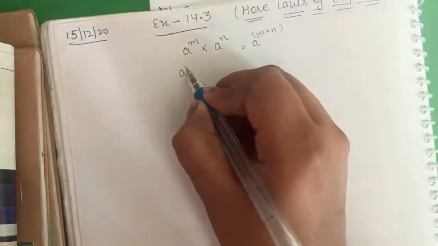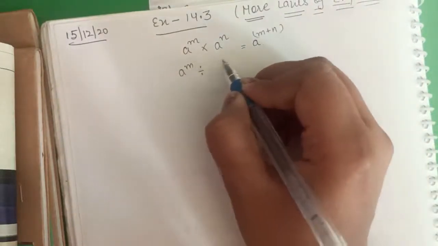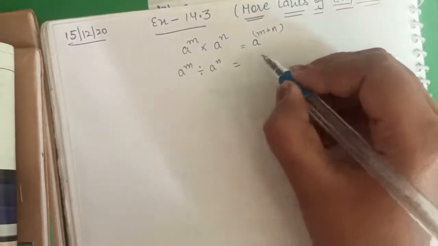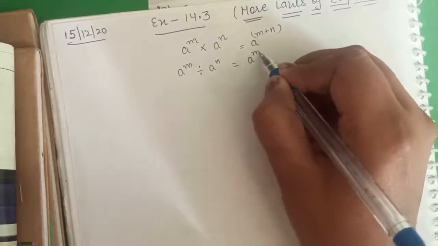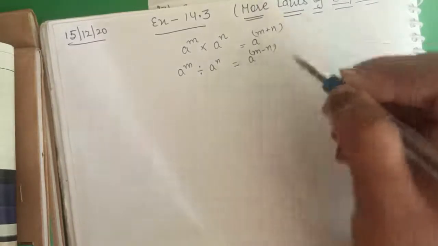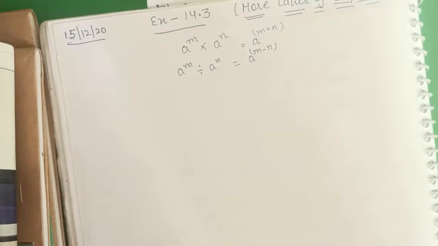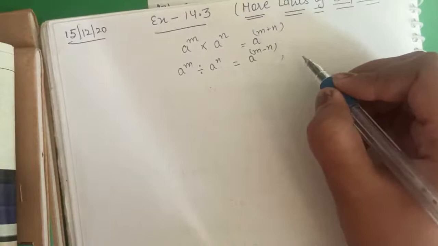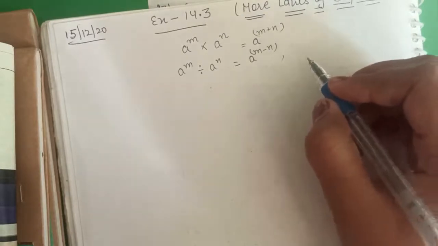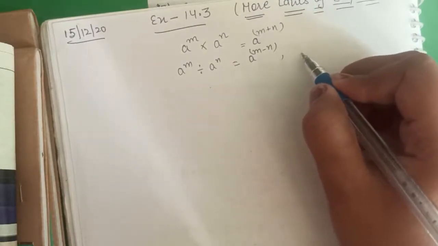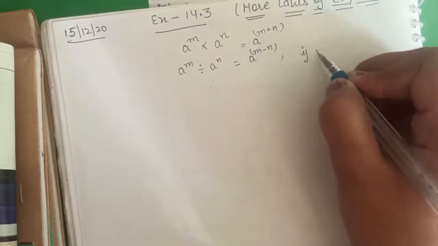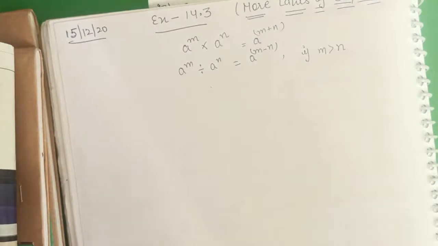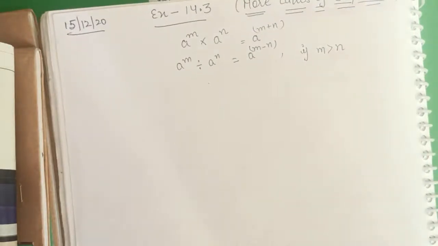When we divide, a to the power m divided by a to the power n, then these powers get subtracted, like a to the power m minus n. In this I told you one condition also, and that condition is only when the value of m is greater than the value of n, right?